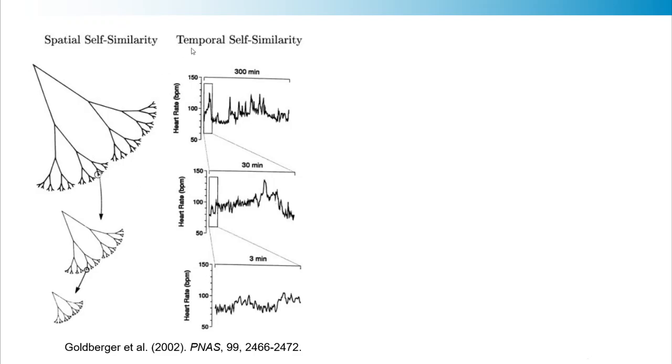We can also have temporal self-similarity. So here's a plot of heart rate measured over 300 minutes, and then you zoom in onto 30 minutes, so 10 times less, and then you zoom in on 3 minutes, 10 times less again, and you see essentially the same pattern playing out. There is a similarity across orders of magnitude.